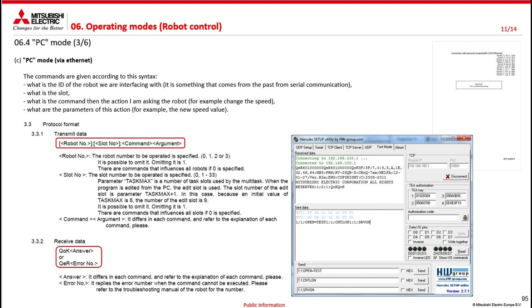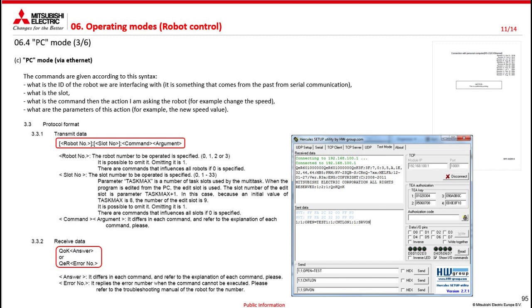The commands are given according to a precise syntax that you see here in red. So we'll need to give the ID of the robot we are interfacing with. It will be necessary to specify the slot precisely, because we could work on multiple slots. We will have to specify the command, therefore the action we are asking the robot.